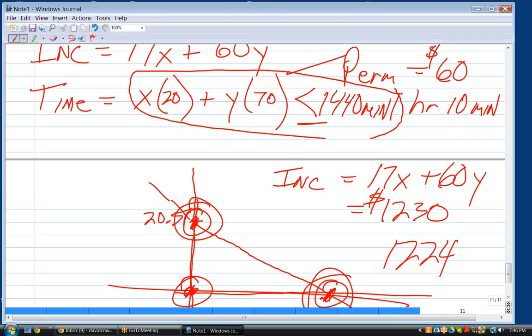So this tells you that, yeah, that was the best solution, where you did nothing but permanents. Now hold on one moment here. There's one extra little tweak that we might want to consider.